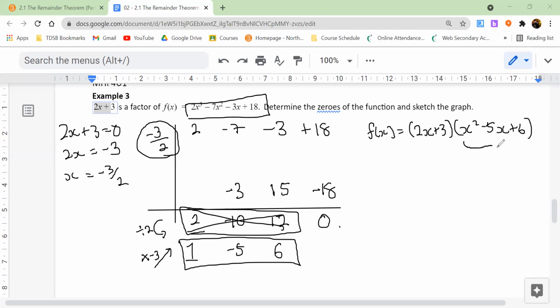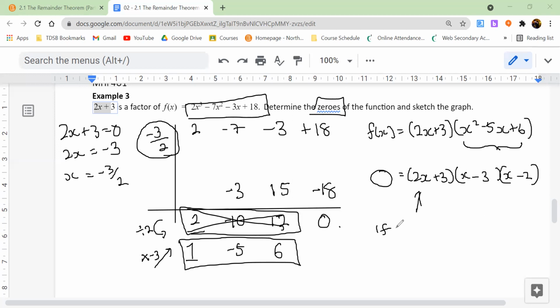Now, if you've developed the eyes and you've been practicing your factoring, you know that this quadratic can be further factored. Product, sum, -3 and -2. Practice that. If you're not sure how I got there, you can reach out to me. If then I'm looking for the zeros, what values of x make the y value equal to 0? Well, if 2x plus 3 is equal to 0, then just like before, we know that x is -3 over 2.